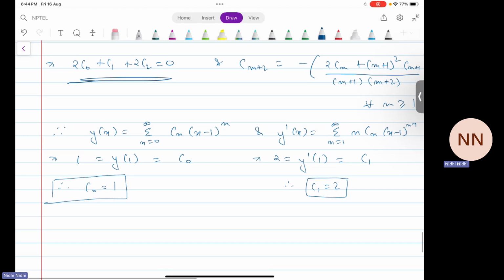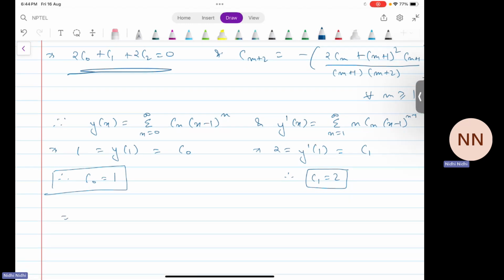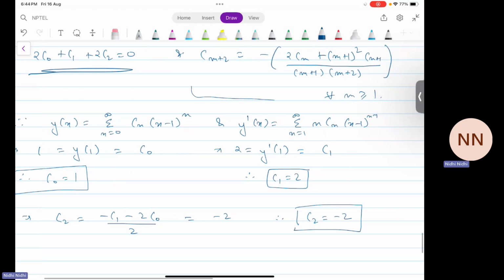Using that we can find C2. This implies C2 is equal to minus [C1 plus 2C0] by 2, which is minus 2. Then the rest of the Ci's we can find using this relation.